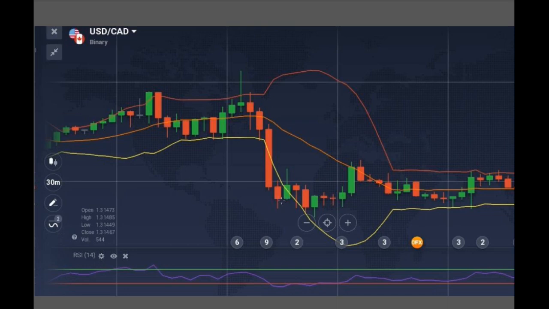As soon as price crosses this level, you are looking for a confirmation candle to form. The confirmation candle is what signals an entry point, an entry point for a trade.